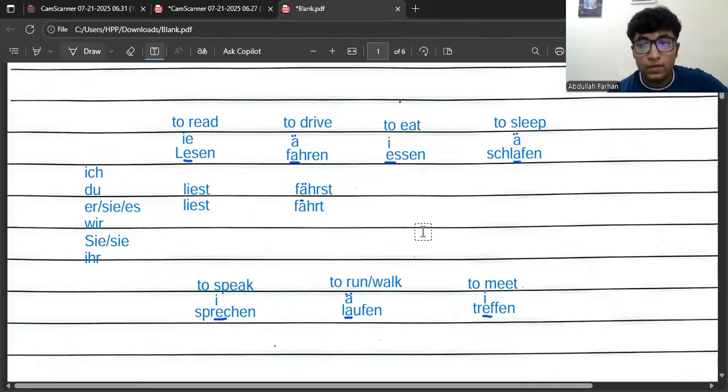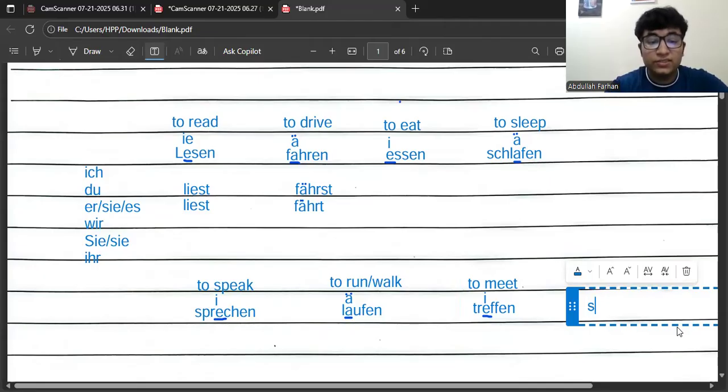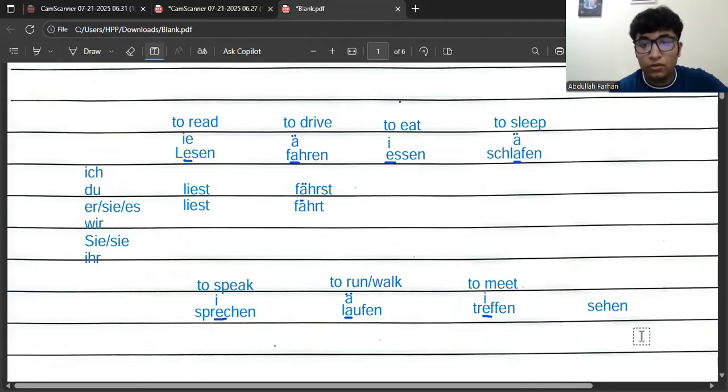Sehen means to see. What is the change in it? The change is in the E. Remember, the en ending never has any change in irregular verbs, because it is already changed during the conjugation. It's always in the main part of the verb.